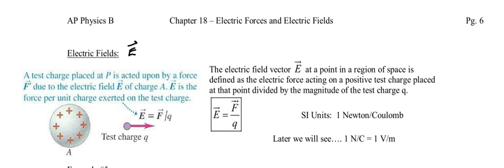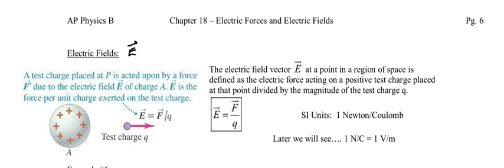The SI units for electric field are newtons per coulomb. So just like gravity, the electric field has a magnitude, which is equivalent to the force per unit charge, and a direction. They're similar but different.